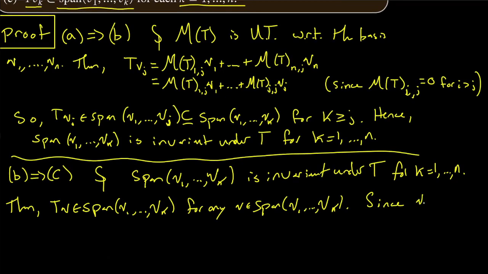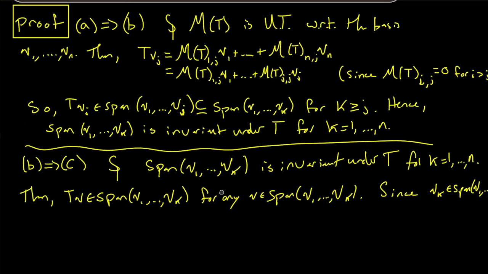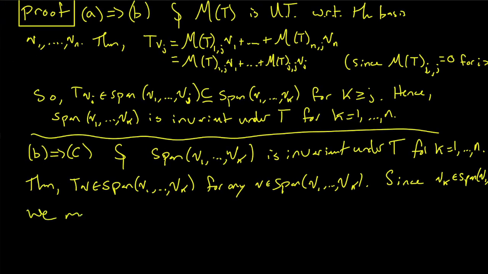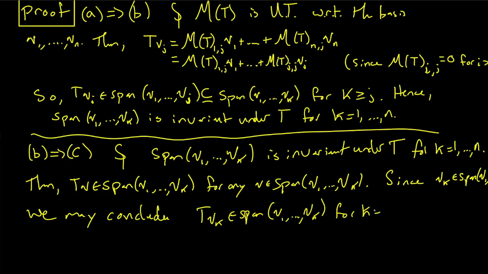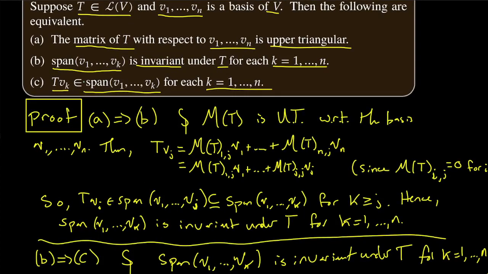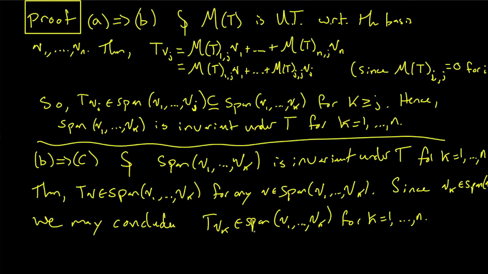Since vk is in the span of v1 through vk, we may conclude T vk is in the span of v1 through vk for k between 1 and n. Hey, we've just shown that B implies C.